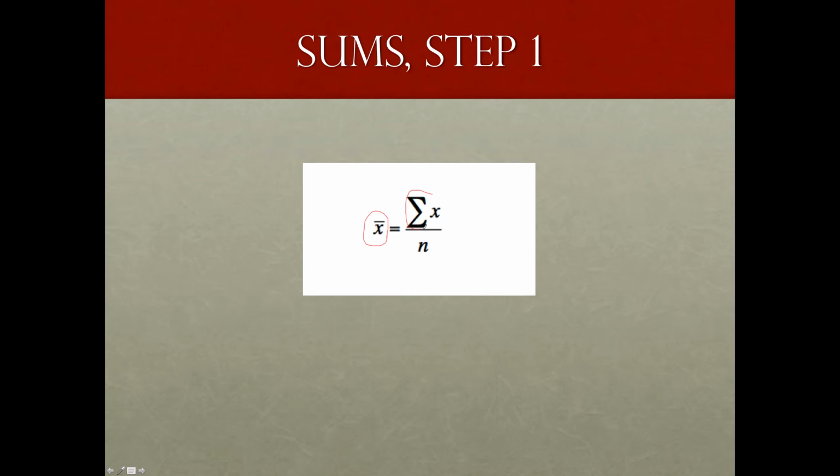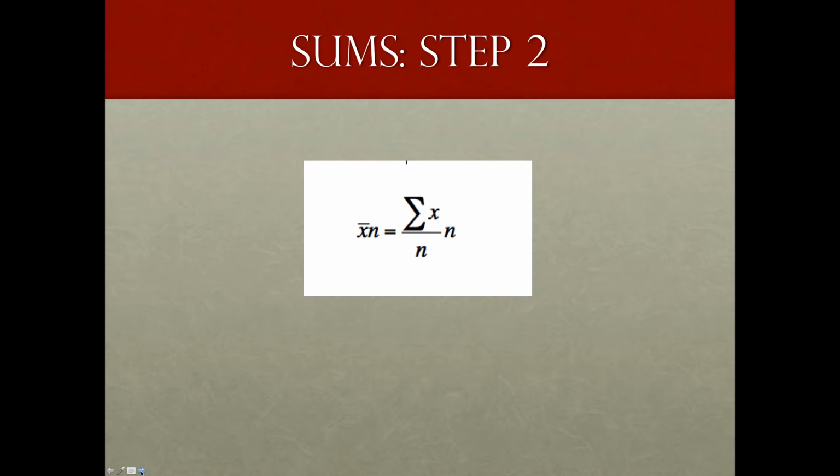This notation, sigma x, stands for the sum of our scores. And obviously the n stands for our sample size. So again, to find the mean, we take the sum of the scores divided by the number of scores that we have.